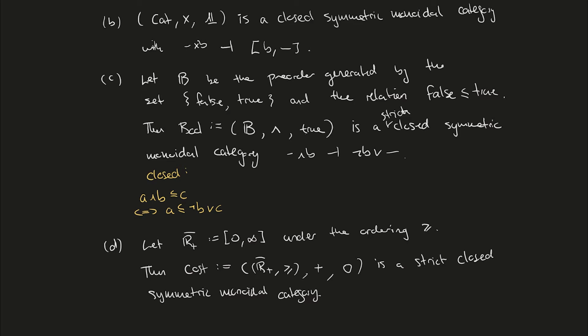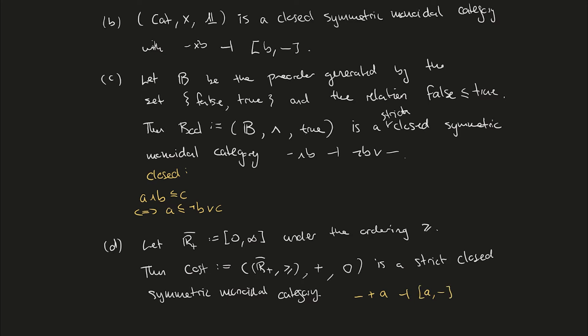Because all of these relations hold up to equality, this means that Cost is in fact a strict symmetric monoidal category. To show that it's closed, we have to give a right adjoint to adding an element on the right. So we want dash plus a being left adjoint to some operation involving a.